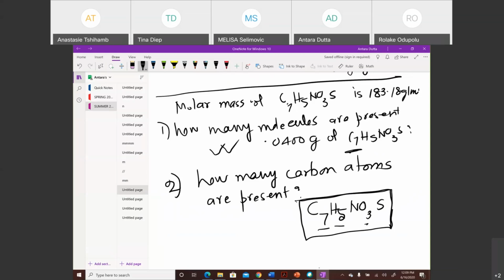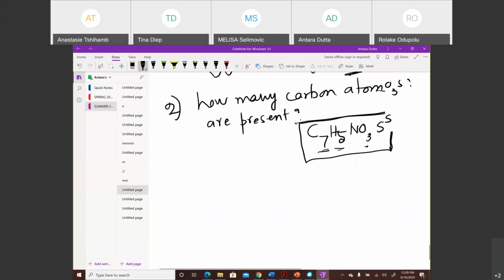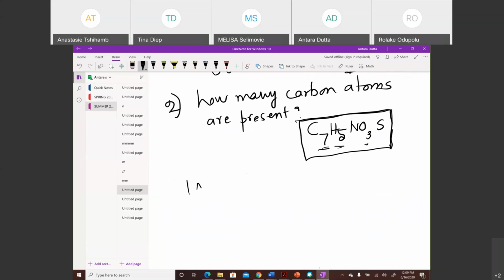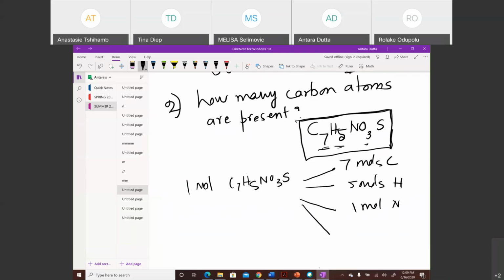Now, if you convert one molecule to 1 mole, you know what happens to these numbers? These numbers immediately get transferred into moles of that element. So you can say that 1 mole of C7H5NO3S should have 7 moles of carbon, 5 moles of hydrogen, 1 mole of nitrogen, 3 moles of oxygen, and 1 mole of sulfur.